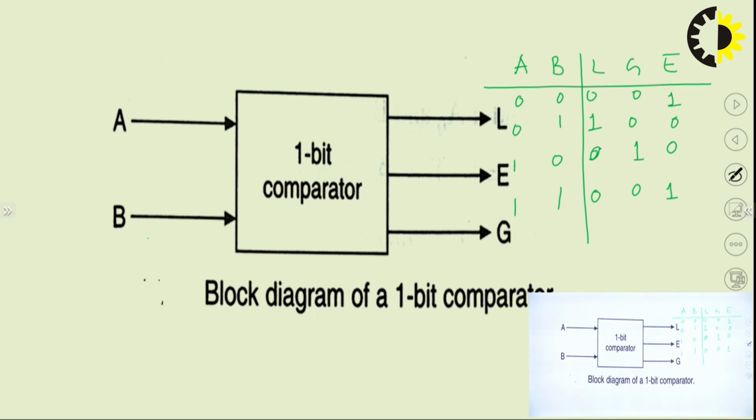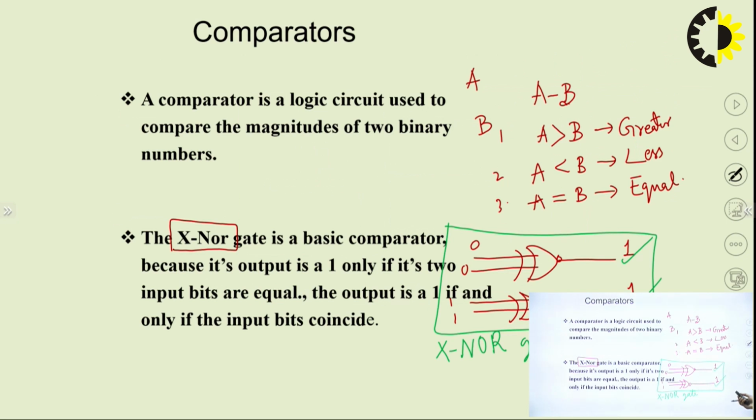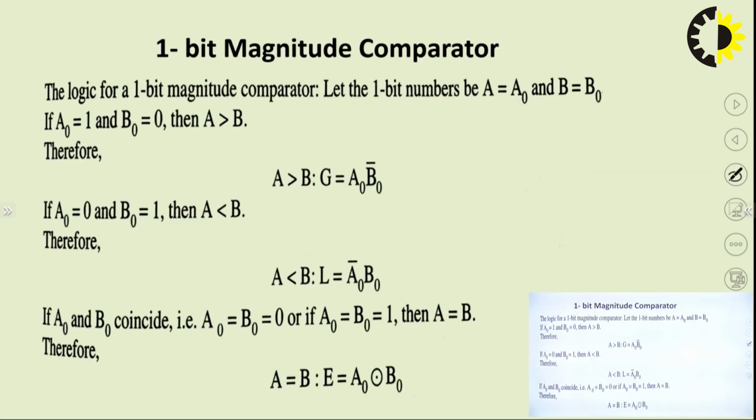Now let us make this table. There are 3 outputs, L, G and E. E is the XNOR of A and B, which we have already discussed in the last slide. So here A is equal to B is the case of A and B XNOR.